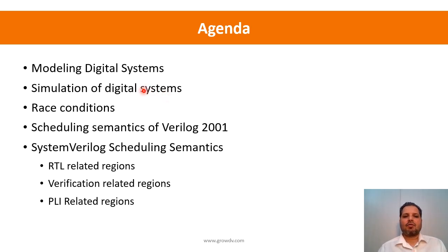So we will understand what that is, and that loss or that artifact, one of the artifacts is the race conditions. So we will look into a few examples of race conditions, and then we will first look at the scheduling semantics of Verilog 2001, which is simpler. Why we are going to look into it is that the same concept gets extended and it becomes more complicated, right?